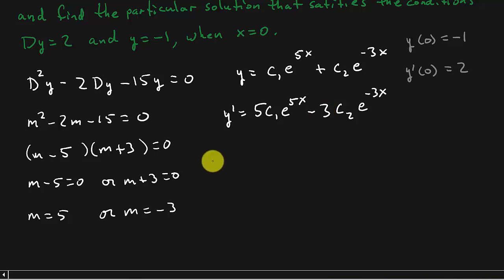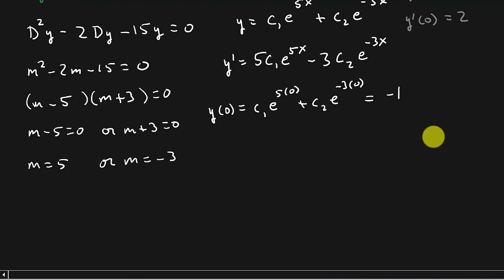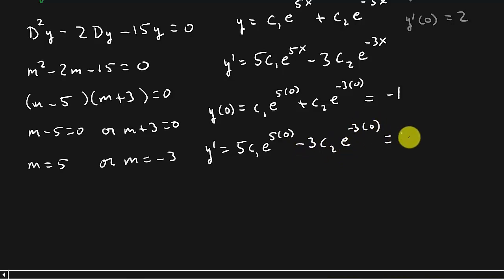So what this is saying is y of 0 is equal to C1 e to the 5 times 0 plus C2 e to the -3 times 0, and that should equal -1. All right, so let's go ahead and just do the y prime also. So that's going to be 5C1 e to the 5 times 0 minus 3C2 e to the -3 times 0, and that should equal 2.